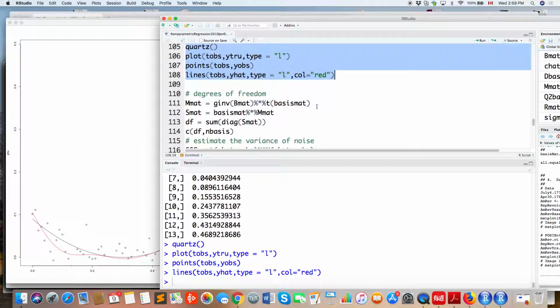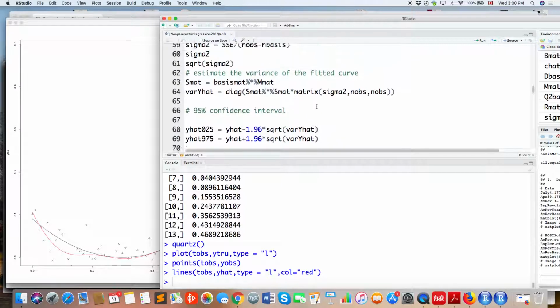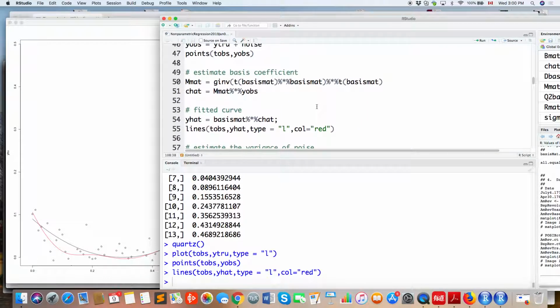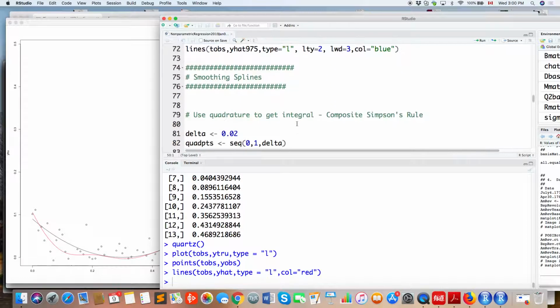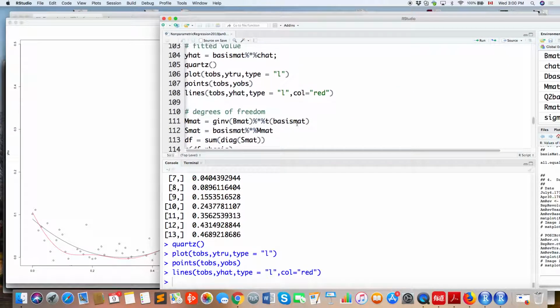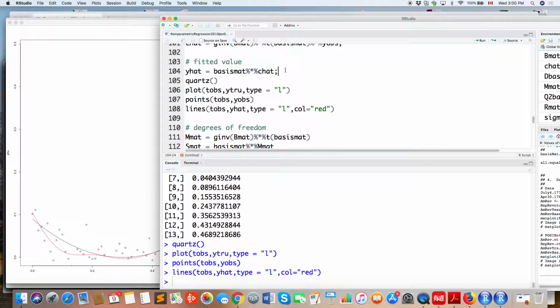I guess here we can also compare with what we got before. Let me put this as Y hat 2, just to see the difference between these two.